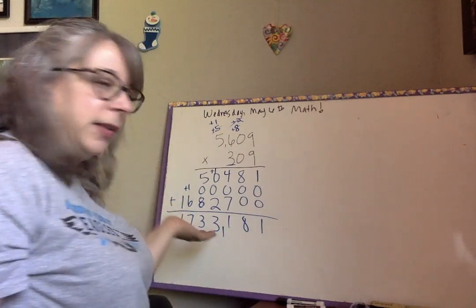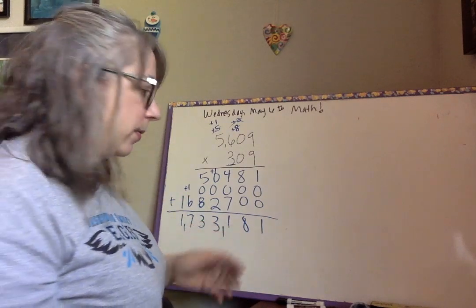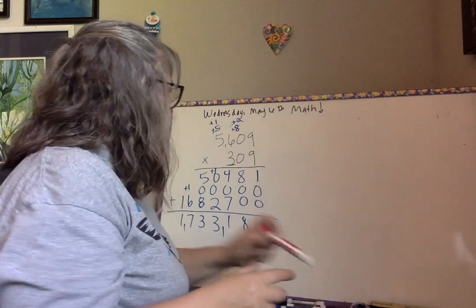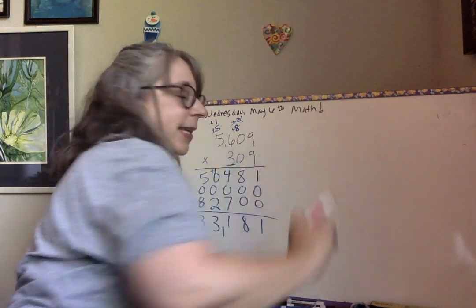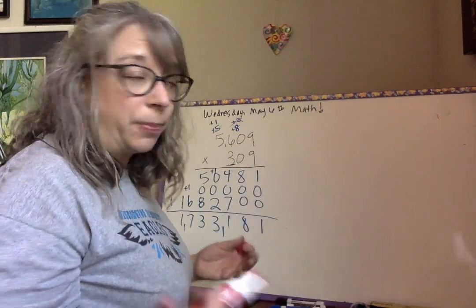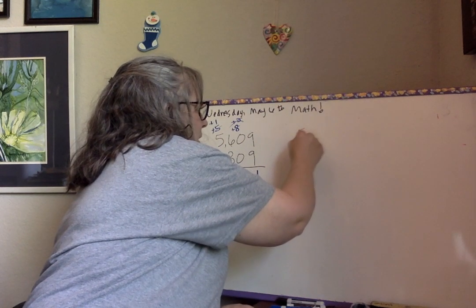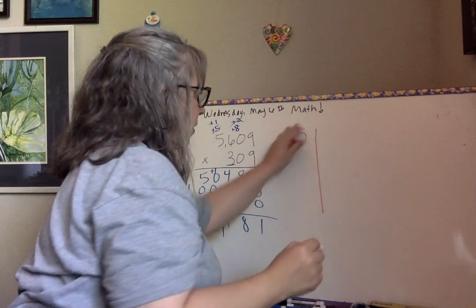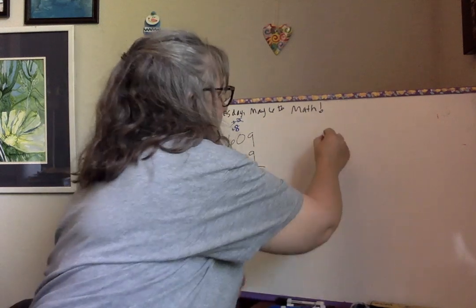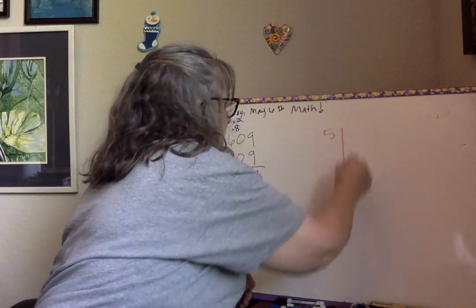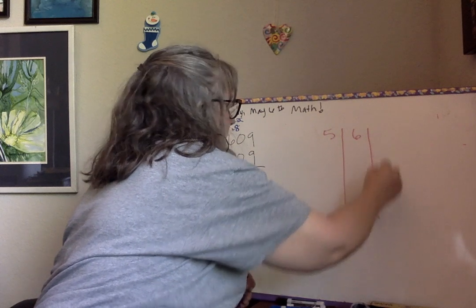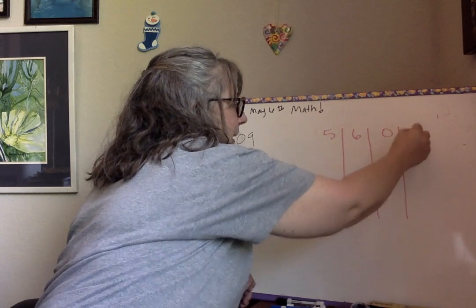Okay. Old-fashioned. There you go. So now, I don't know if I have enough room to do a partial quotient multiplication. All right, so for the lattice, 5, oh, I'm going to have to make more room. Okay, so 5, 6, 0, 9.